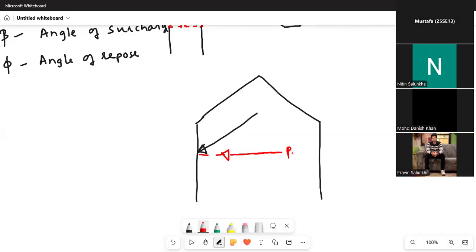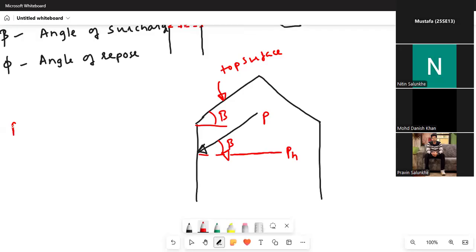We need PH. So this P is acting parallel to the top surface of the material. This angle is beta. We don't want P. We want the horizontal pressure exerted on the cylindrical wall. So how to find pH?